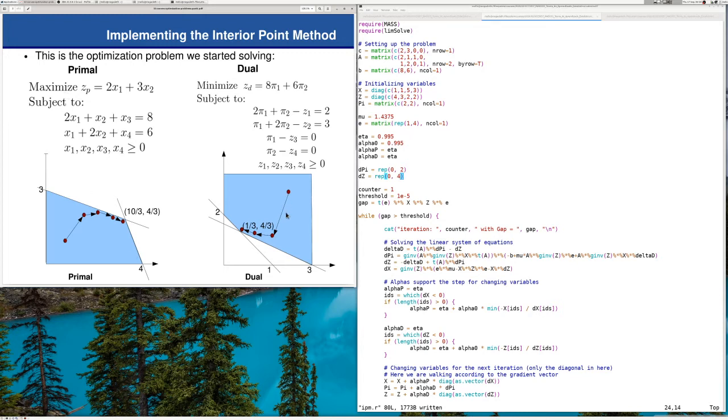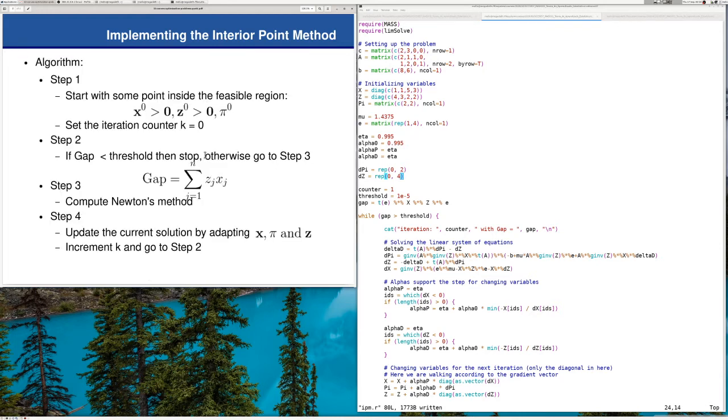And here walking towards the optimal like this in order to minimize, of course, the final result obtained applying this point into my objective function of the primal problem is going to be very close or equal to this point, 1/3, 4/3, applied into my optimization problem in the dual form. Okay, so this is my problem.